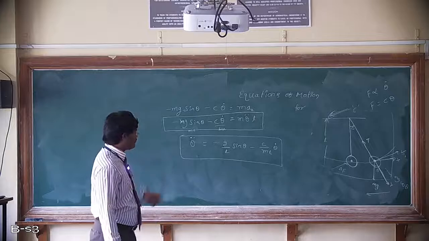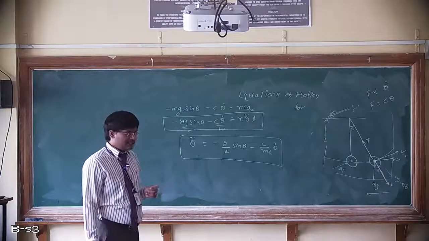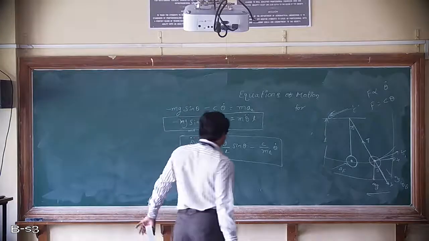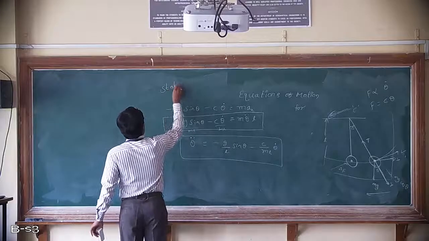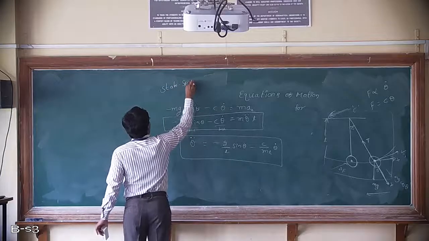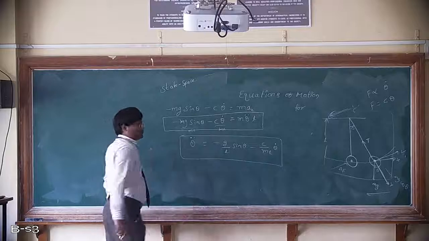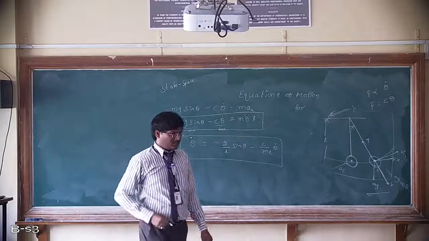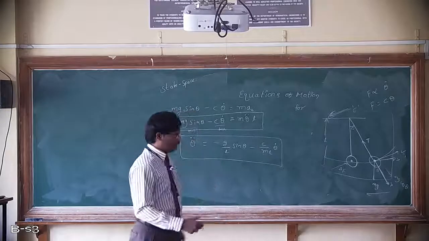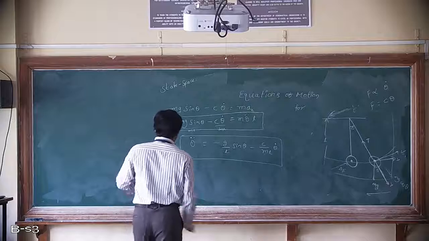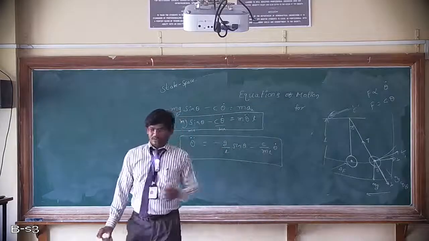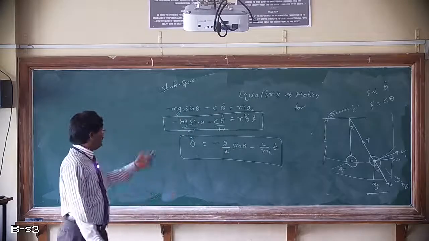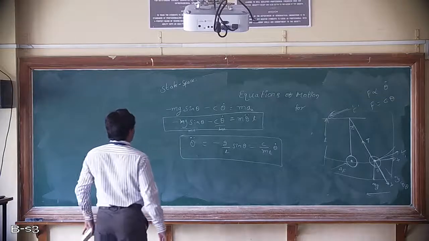Here I am using one more method, that is called state space representation. This is a very good method. If you see some GATE previous questions, there are questions based on this state space representation. That's why I am going with this method. So let's see what you will do in this state space representation method.